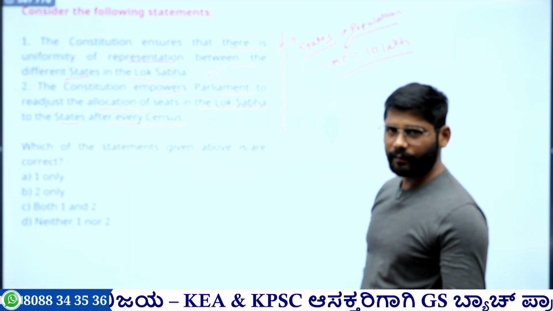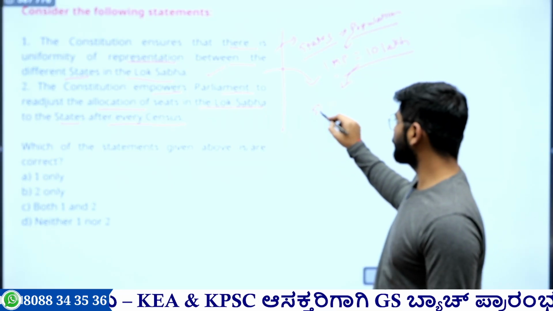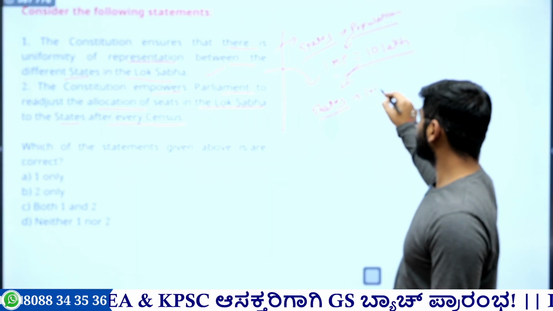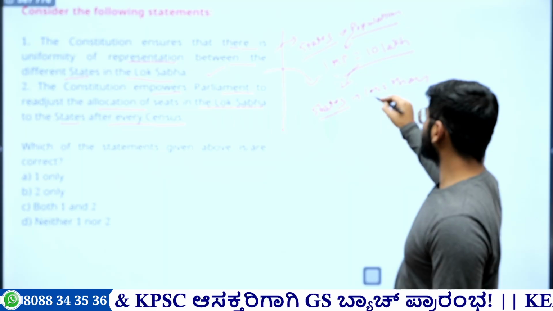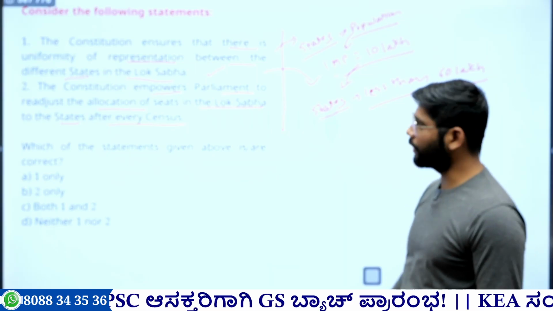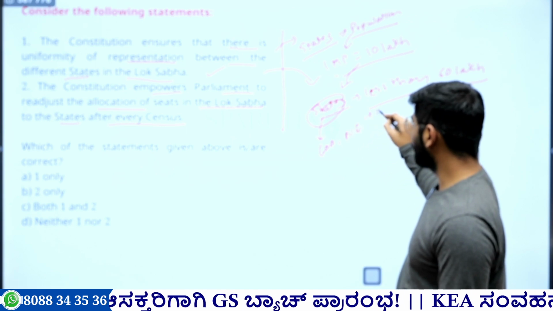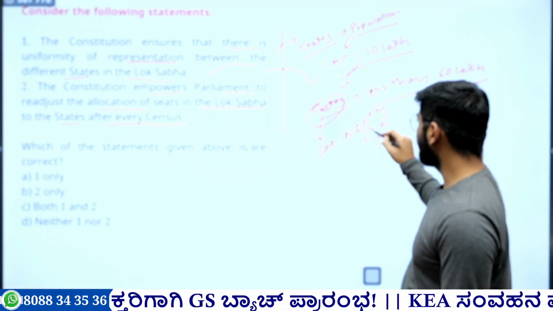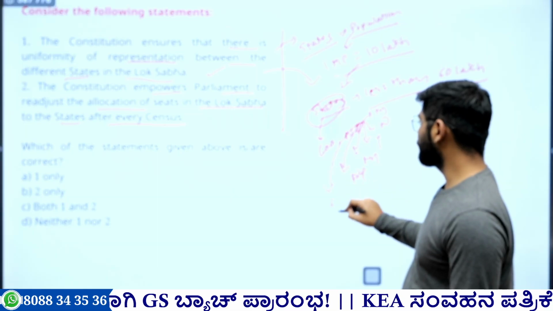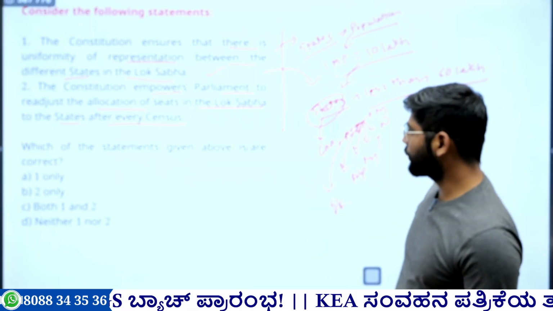But there is one catch: this 10 lakh ceiling does not apply to states with population less than 6 million, meaning 60 lakh. There are many such states: Goa, mostly northeast states, Manipur, Nagaland, Tripura, Mizoram, Arunachal Pradesh, and Sikkim. So for these states this criterion does not apply. But statement 1 is correct.